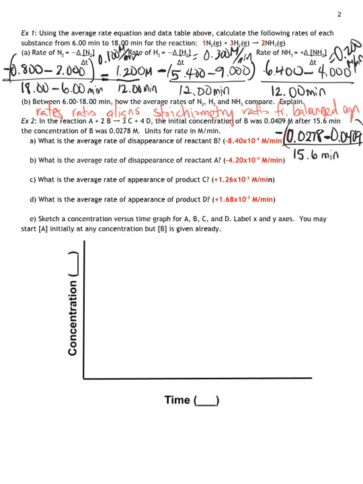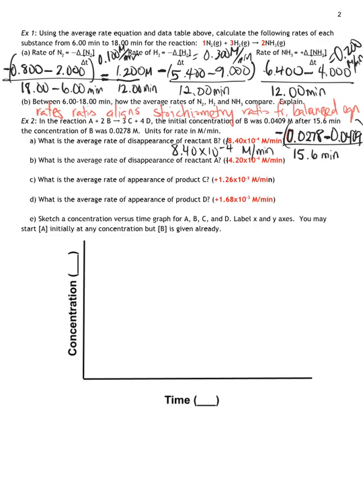And when we do the math for that, we'll get an answer of positive, and these are all positive numbers, 8.40 times 10 to the negative fourth molarity. It's a small number.